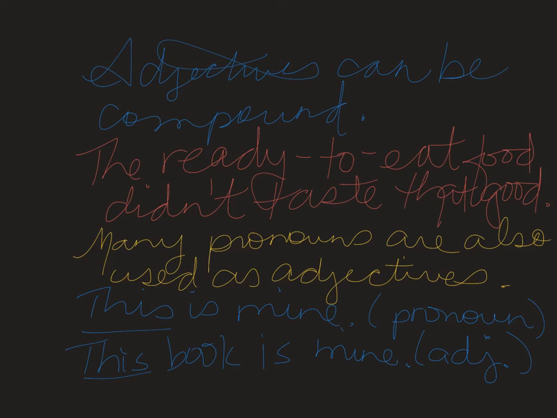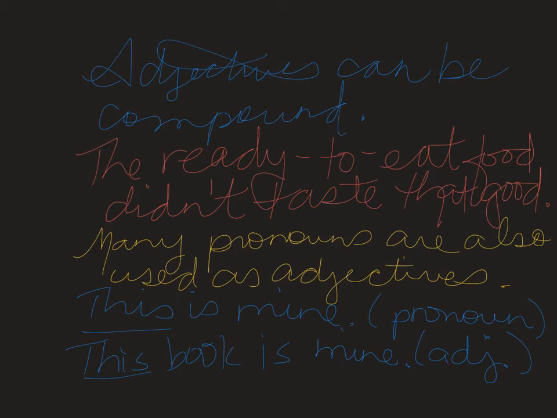All right. Adjectives can be compound, okay? You can have more than one word made into one word, and that word functions as an adjective. Usually if you have a compound word that is an adjective, it is hyphenated.